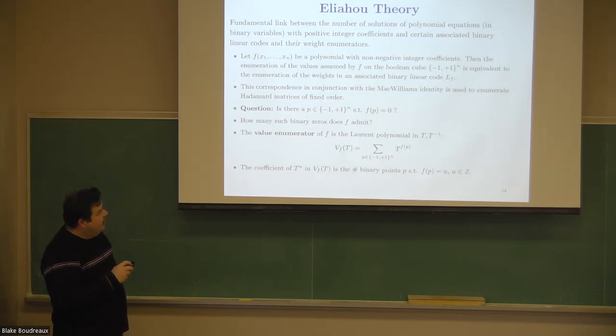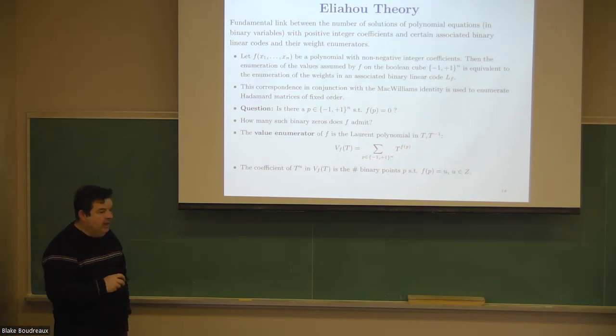So is there a sequence of length n with plus minus 1 so that F(p) is equal to 0? A binary zero, in other words. And how many? So we want to count how many binary zeros this F admits. And the first thing that you do is that you encode all this information into this value enumerator of F, this Laurent polynomial in t and t minus 1, which is the sum of t to the F(p), where p ranges over the Boolean cube.